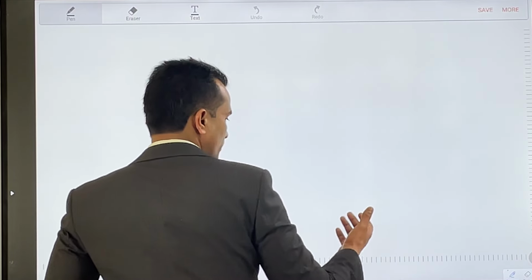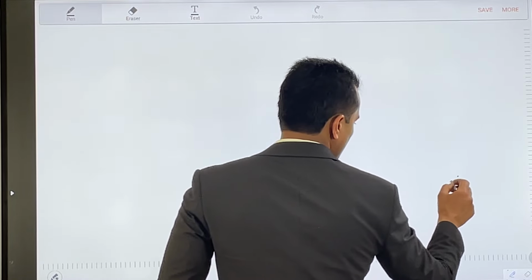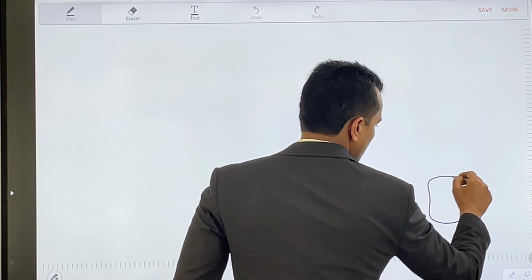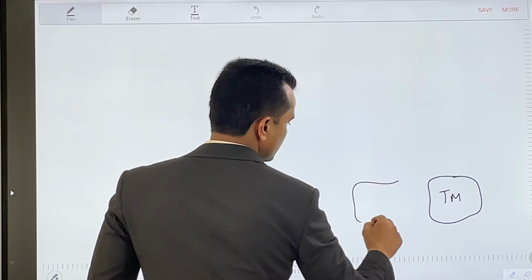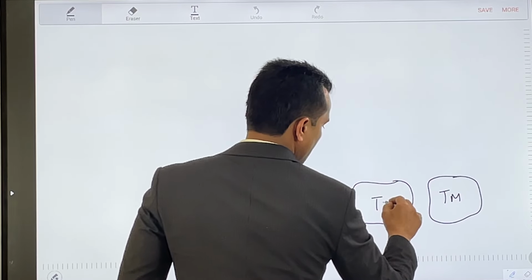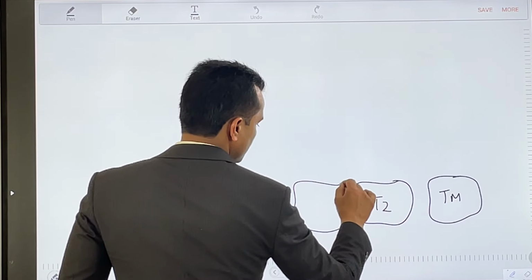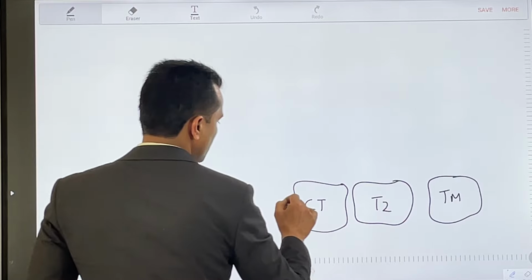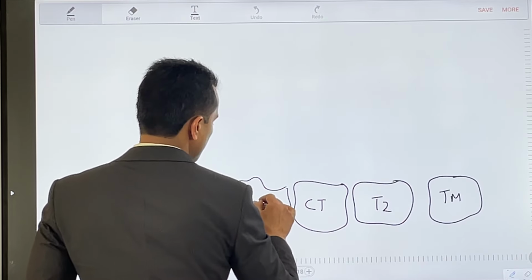The first bone in the distal row is the trapezium. Suppose this is your trapezium bone, and then we have the trapezoid. Then we have the capitate, and then the hamate bone, which has a special hook.